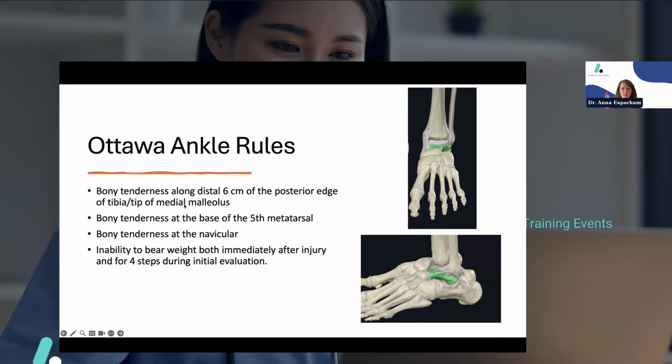If in our physical exam, we palpated and felt for any bony tenderness along the medial malleolus, where the tibia comes down, and there is no bony tenderness there, no bony tenderness at the base of the fifth metatarsal over here, and no bony tenderness at this navicular bone right here, and they can bear weight for at least 4 steps, then they're good to go.